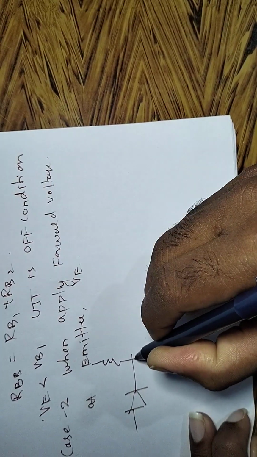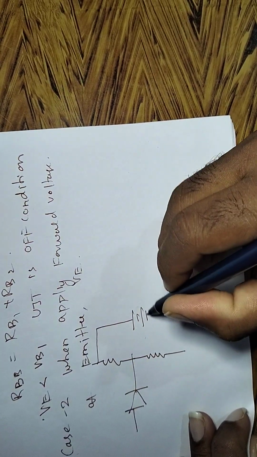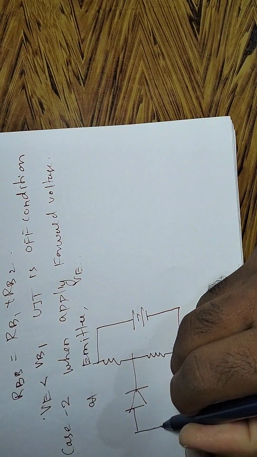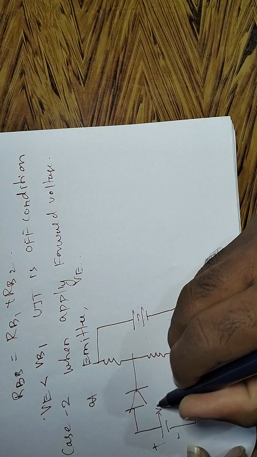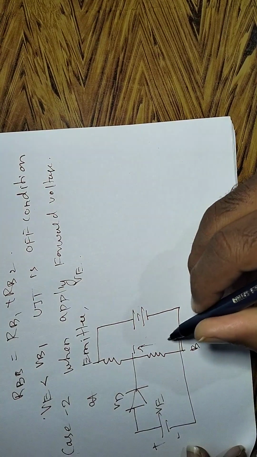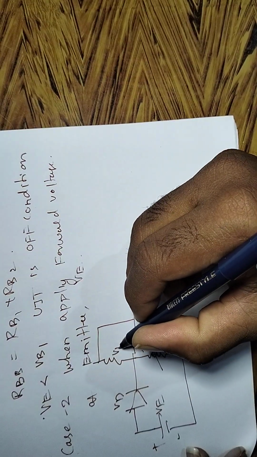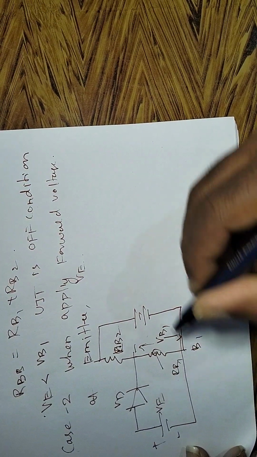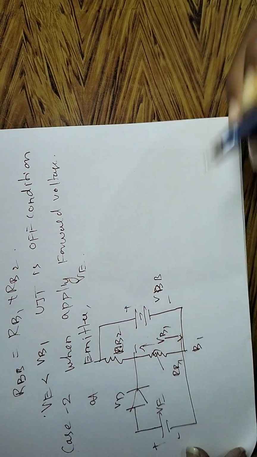So this is the resistance RB1, and this is positive and negative, connected to B1. Now I am applying the emitter voltage, that is VE. Now this becomes VD, and here the drop across is VB1. This is RB2 and this is RB1, and this is VBB, plus and minus.